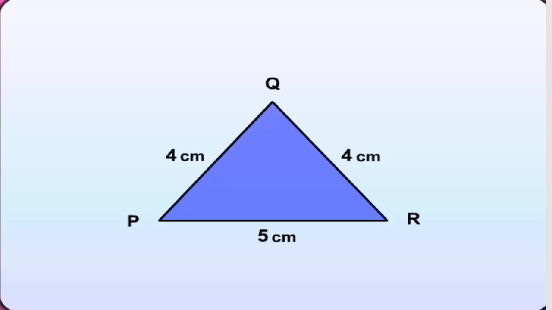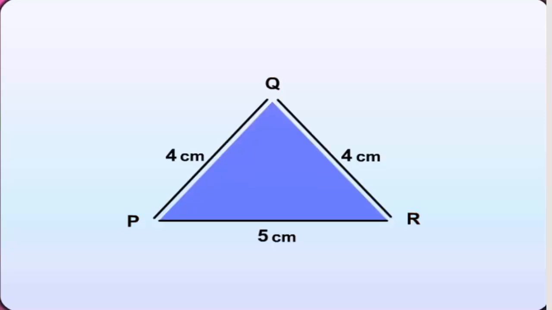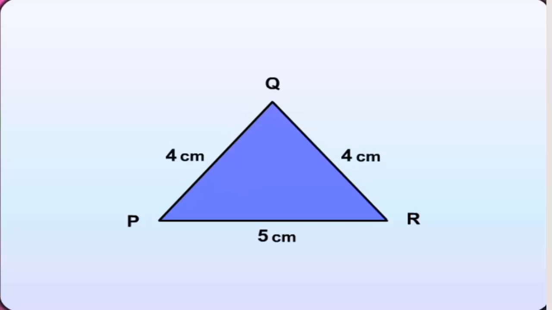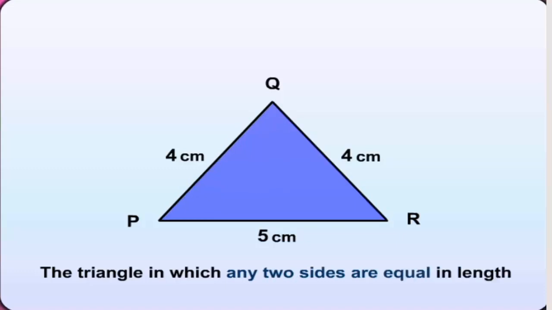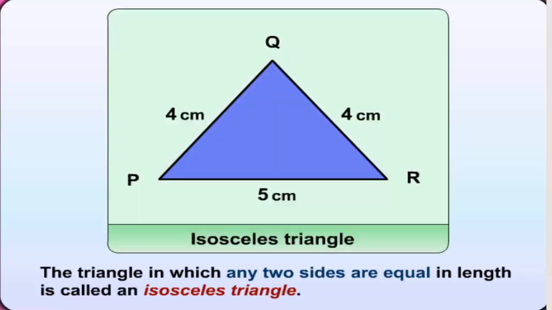That means the triangle PQR has two sides equal in length. The triangle in which any two sides are equal in length is called an isosceles triangle. So, the triangle PQR is an isosceles triangle.